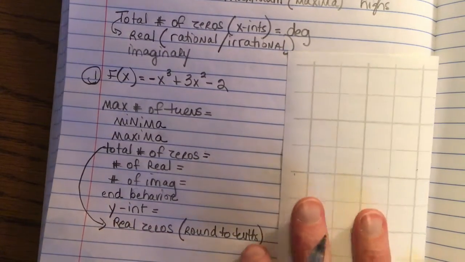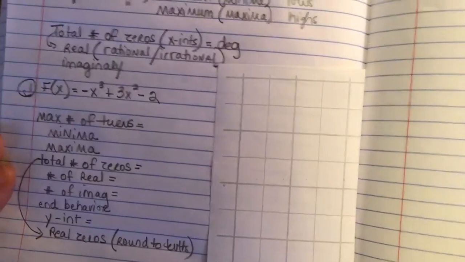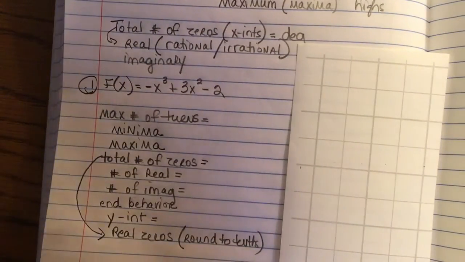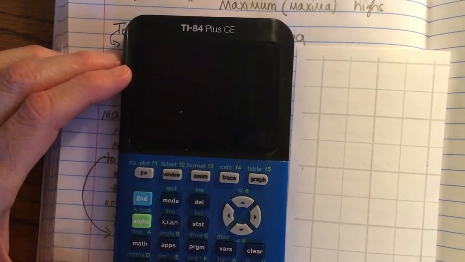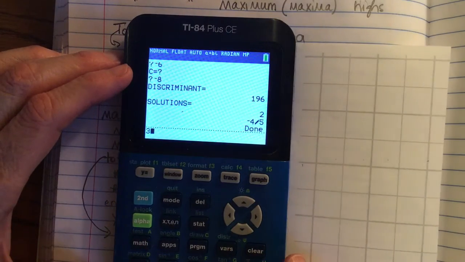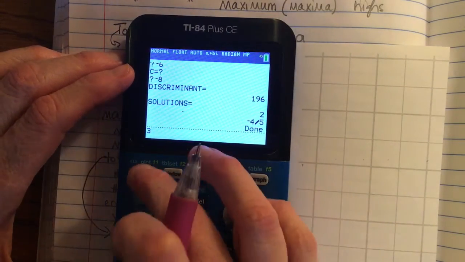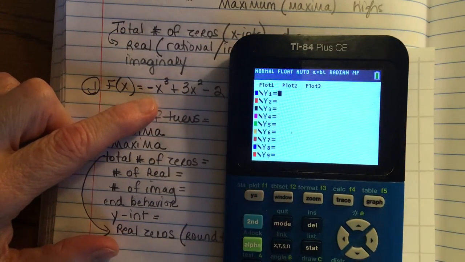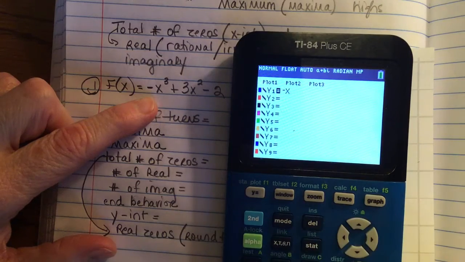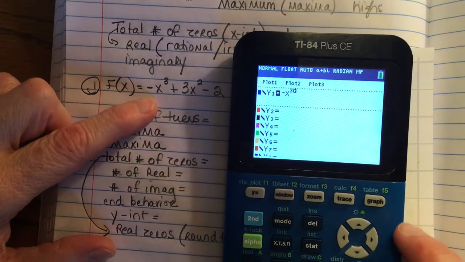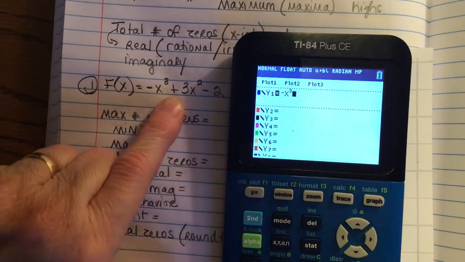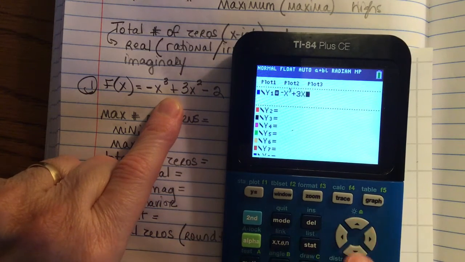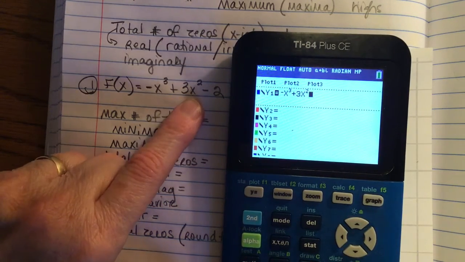So the first thing I'm going to do is go to my calculator and type this in standard window. So I've got negative x cubed and then arrow to the right so I don't forget, plus 3x squared minus 2.